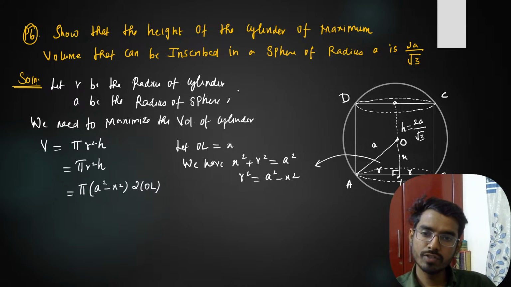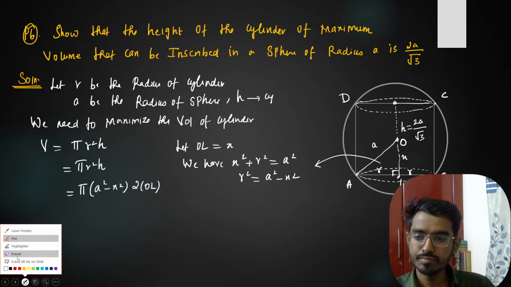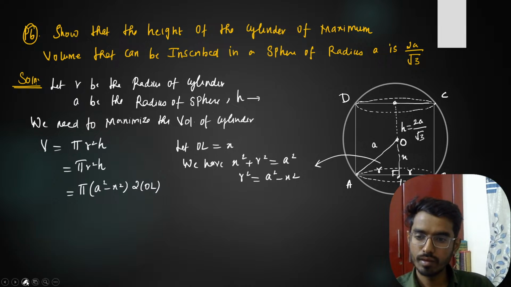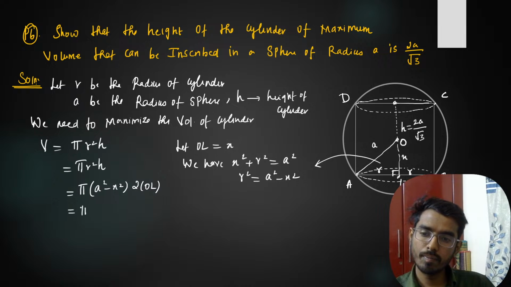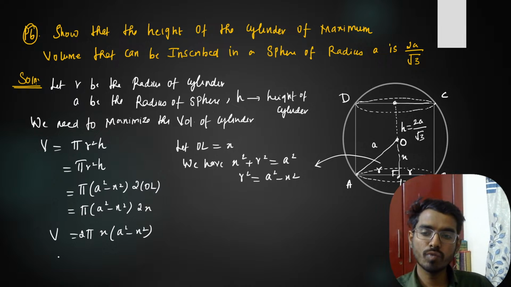Or else we can also assume that h be the height of the cylinder. So this is pi times a square minus x square, and OL is x. We have done everything in terms of x, right? So the volume is 2 pi x into a square minus x square.